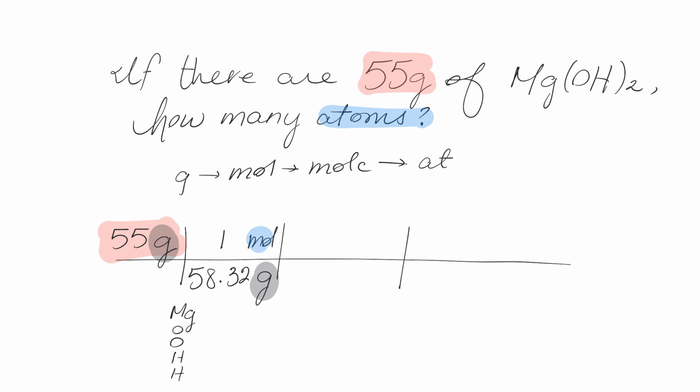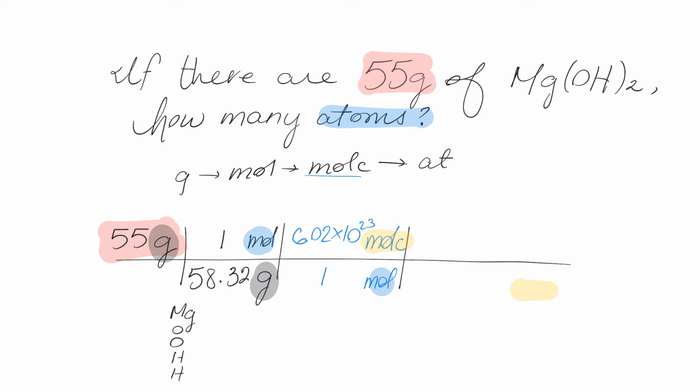Okay, so now, do you see where we had grams? Now we've got moles, which means I need moles down here. So I'm going to put moles down here, and moles converts to molecules. 1 mole has 6.02 times 10 to the 23rd molecules. All day, every time, doesn't matter. Okay, now I've got molecules. Remember, I'm going to atoms, so I have to keep going.